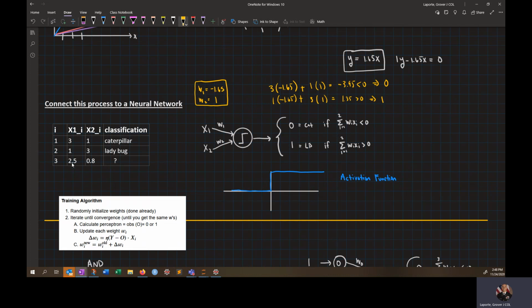Now the next question is, what happens with this one? Obviously I'm trying to make that into a caterpillar, so hopefully that number is less than 0. Let's make sure.